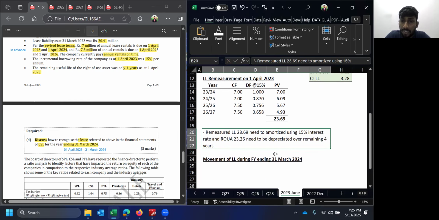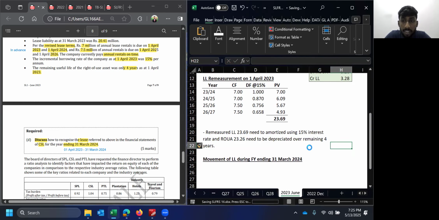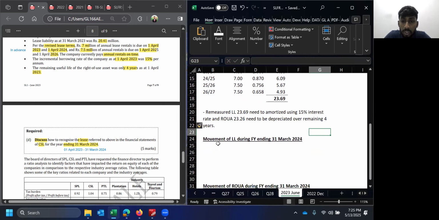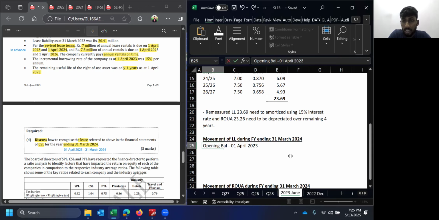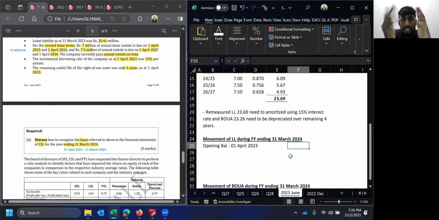So here, after I narratively write that, now I am going to show the movement. Let's take the opening balance on 1st April 2023. What is the opening balance? Opening balance is the last year closing, in the sense before any remeasurement effects.